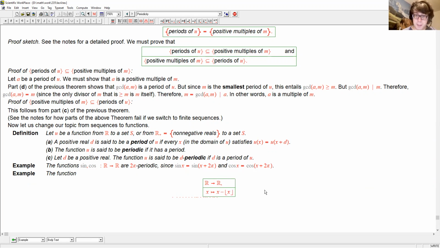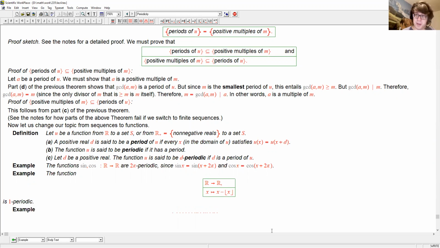So what is this? This is the so-called fractional part of x. It's in a way the part of x after the decimal point. But be careful with this, because for negative numbers, of course, the decimal point doesn't behave as you would expect. This function is 1 periodic. This is pretty easy to see, because if you raise x by 1, then the floor of x also gets raised by 1, and the two ones cancel.